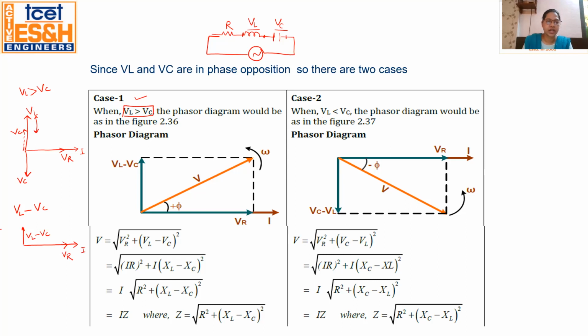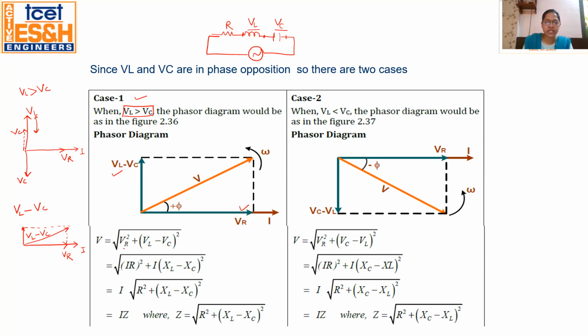So this is the diagram when VL is greater than VC, and we find the total voltage by taking the resultant voltage. So the resultant voltage is the square root of VR squared plus VL minus VC squared.